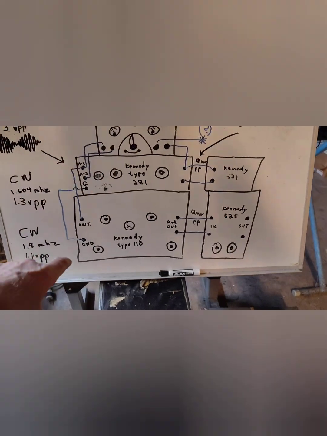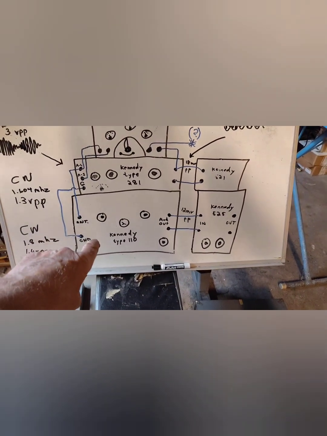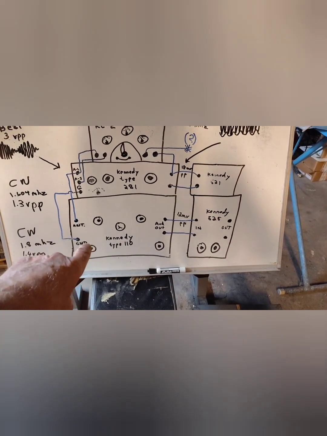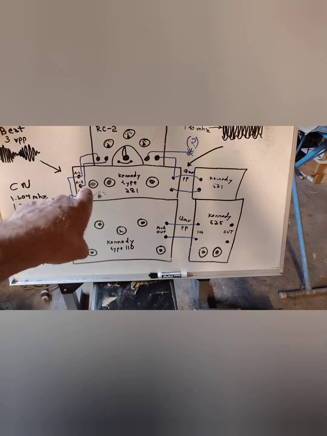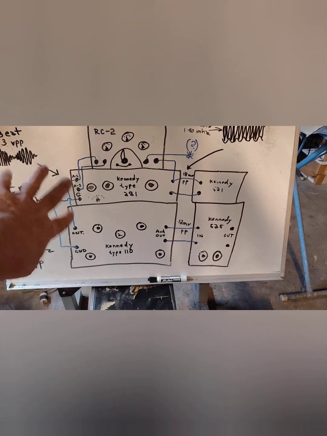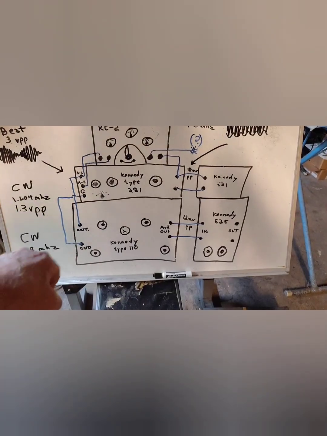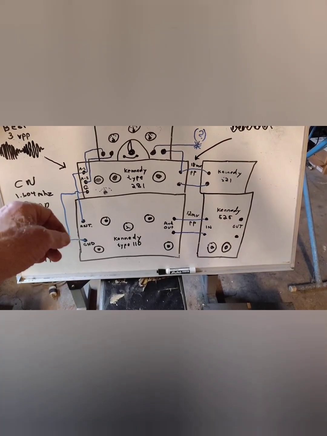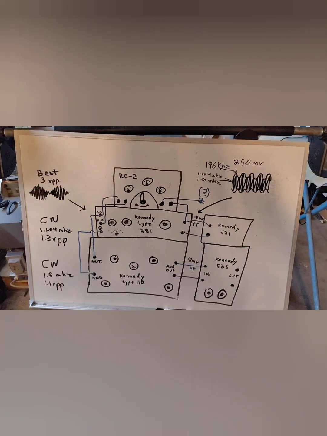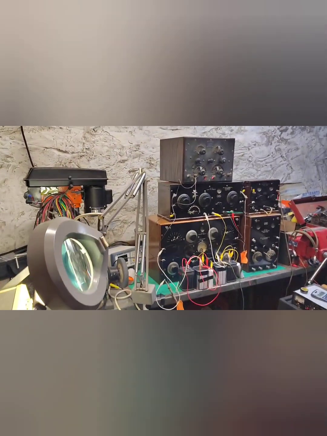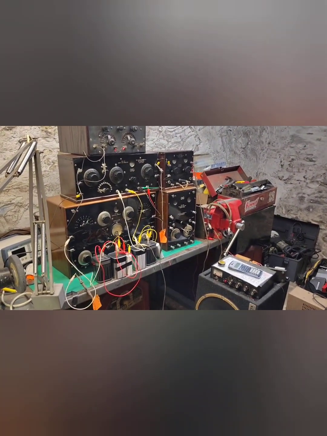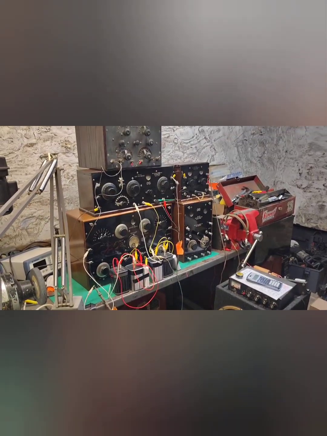The antenna input from the Kennedy Model 110 is connected to the antenna input of the Kennedy Model 281. And that takes two different carrier frequencies and it heterodynes them together. And so we've actually set this up on the workbench with the genuine equipment used back in 1934.